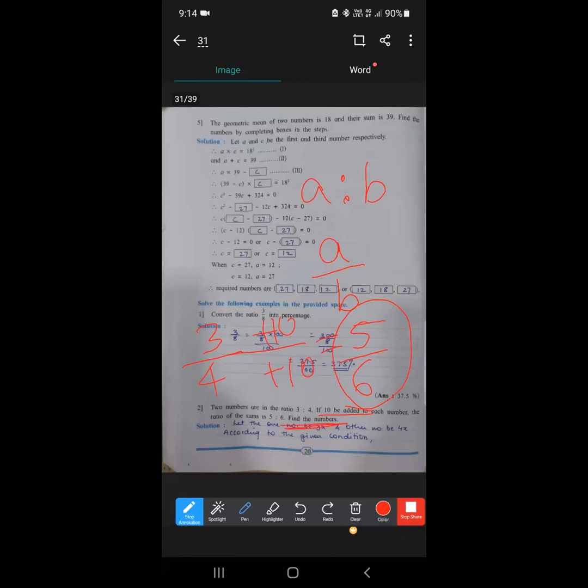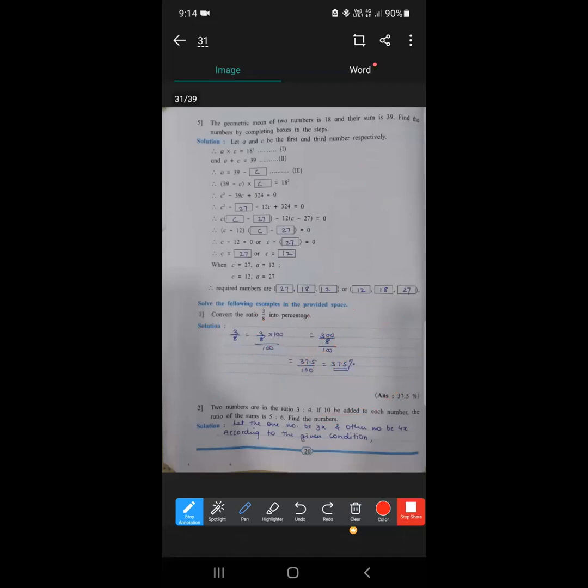You have to find those two numbers, such that if you add 10, the new ratio formed will be 5/6. Those two numbers we don't know, so we will take it as x. Let one number be 3x, since it is given that the ratio is 3:4.